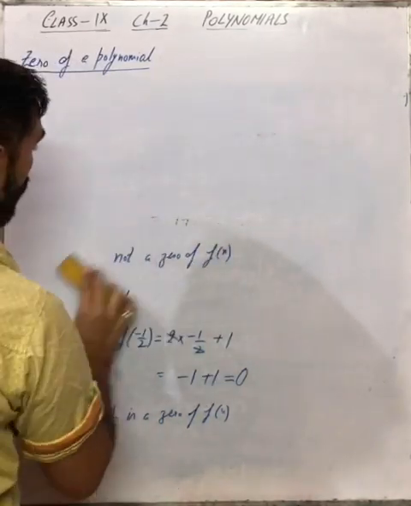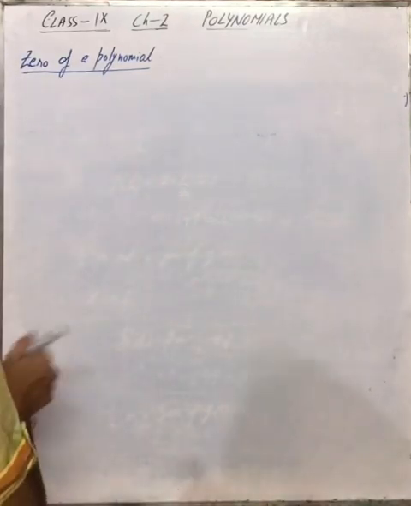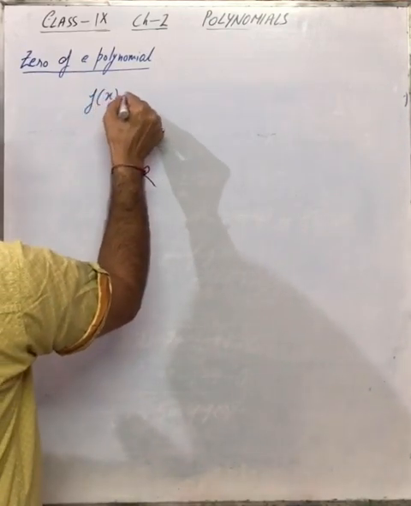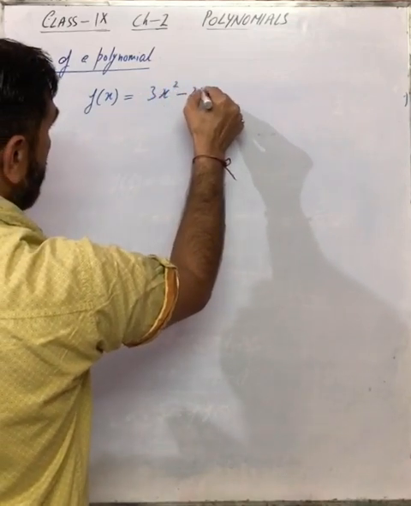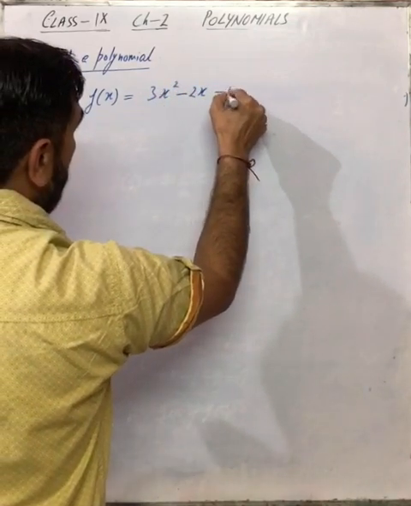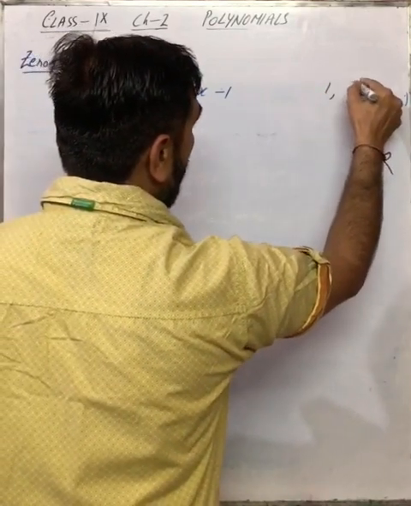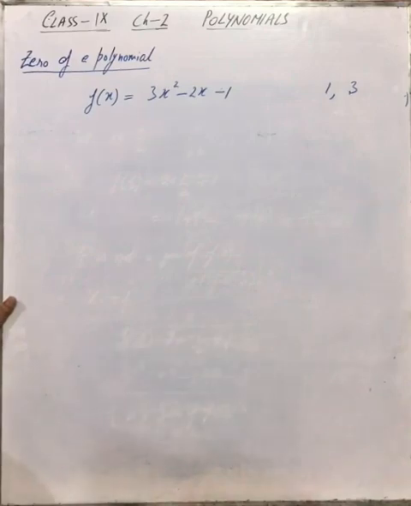This is chapter 2 Polynomials for standard 9, and students, I am taking the questions related to zero of a polynomial. Suppose you are given the polynomial 3x square minus 2x minus 1. I need to check whether 1 or 3 are the zeros of this polynomial or not.